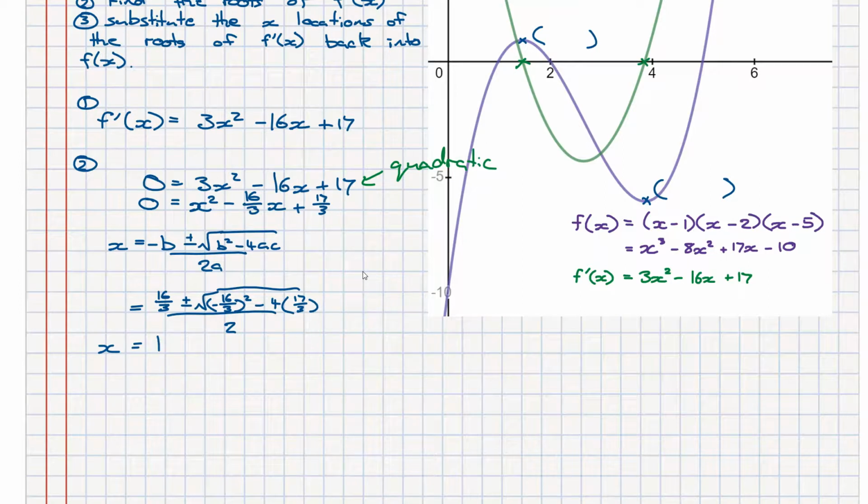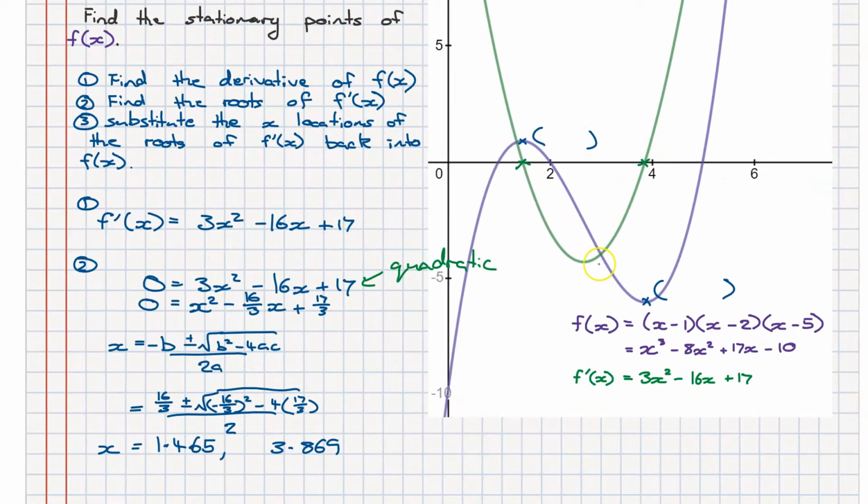The first one is x equals 1.465, and the second one is 3.869. So of course we're getting two real but non-rational solutions. So we can mark this one up here as 1.465, and this one down here as 3.869.